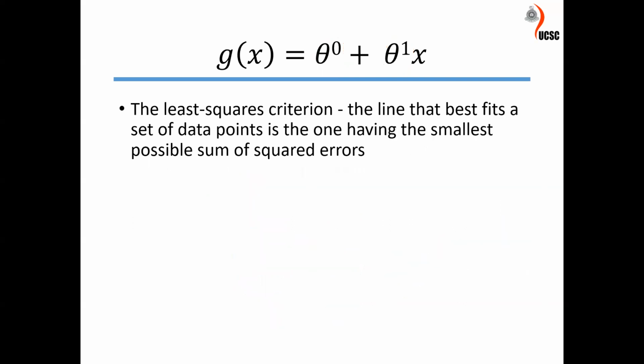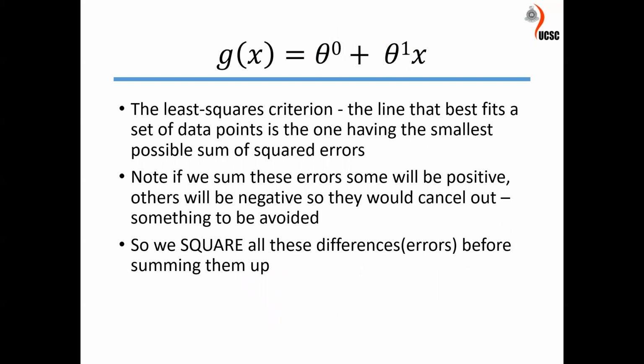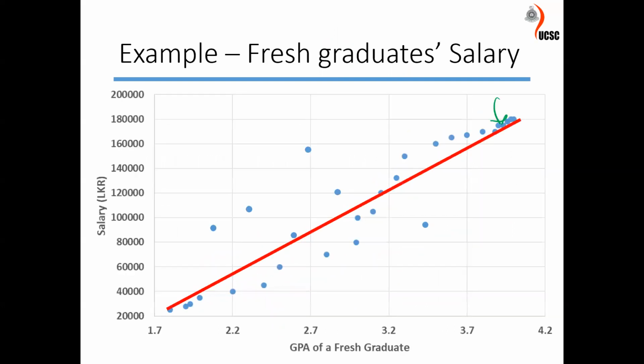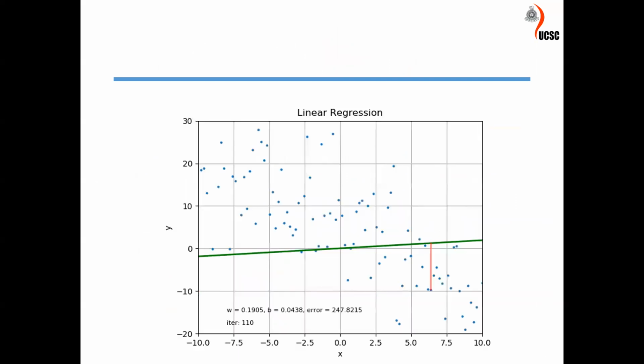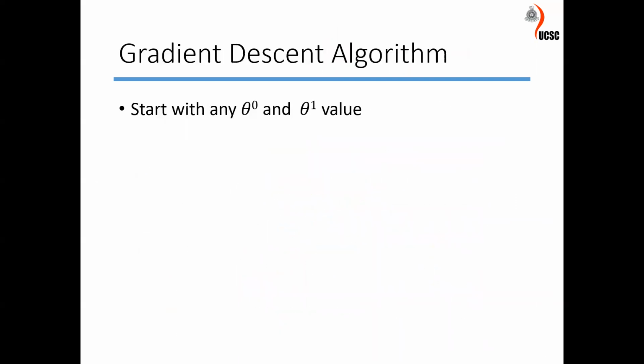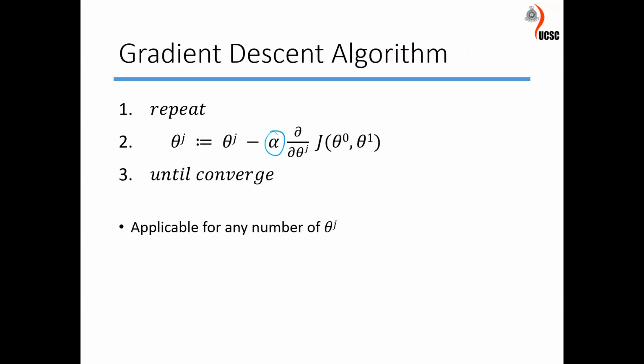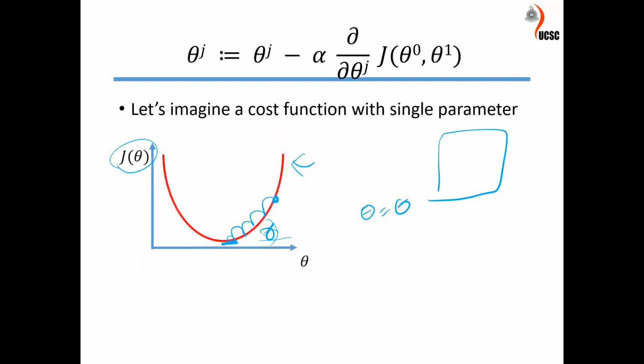To find this minimum error in the cost function, you can use the gradient descent algorithm. You find the gradient, reduce some portion out of theta and update theta. So theta will update like this and end up at the minimum. That is the gradient descent algorithm.